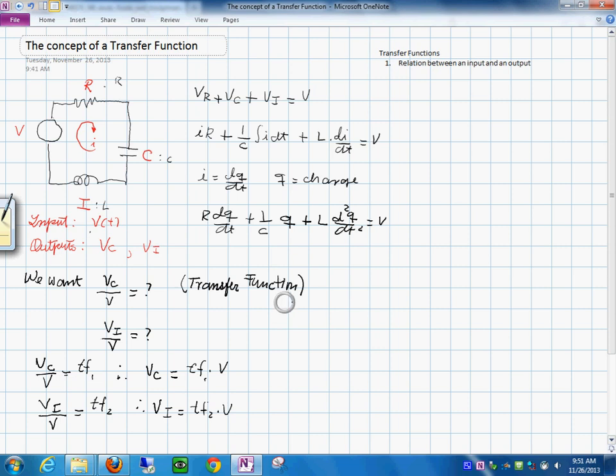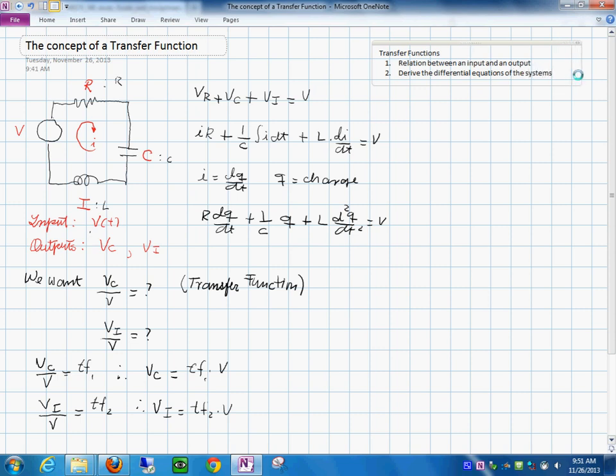The question is how we get there. So a relationship between the input and the output. So what we did as number 2, we said derived the differential equations of the system.